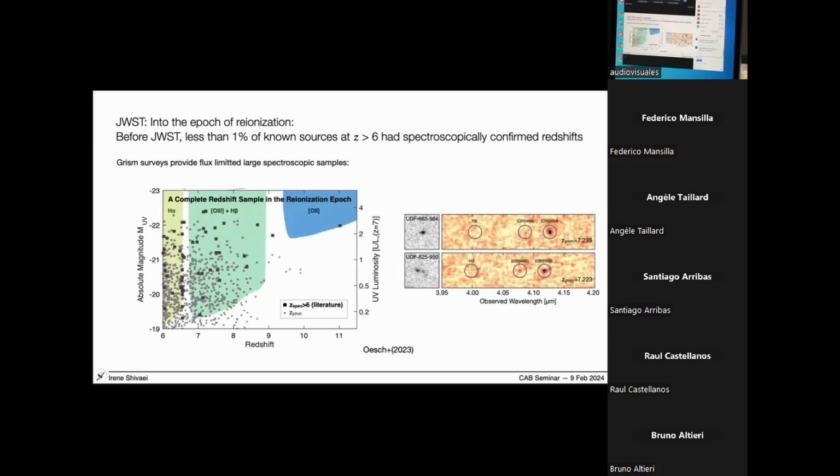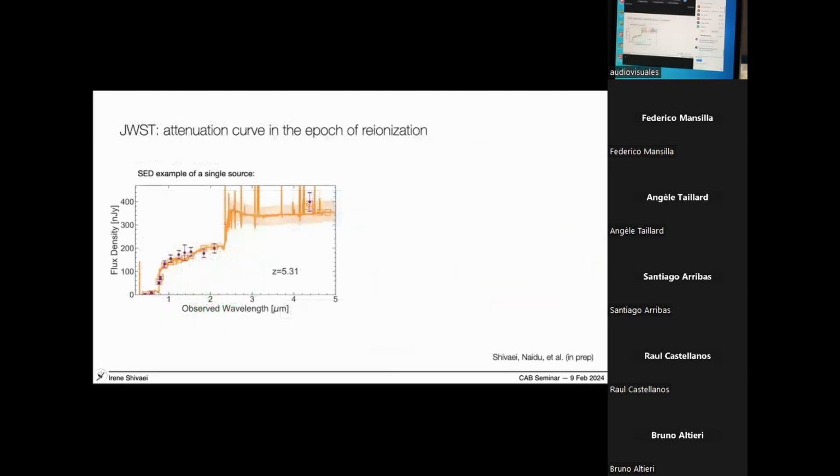So this gives us a huge sample for which we can now fix the redshift. By knowing the redshift, we can fit their SED with flexible attenuation curves and set constraints for the first time on the shape of the attenuation curve in galaxies during the reionization era.